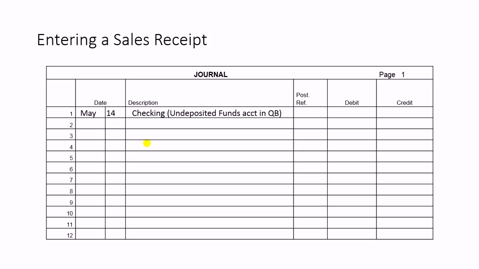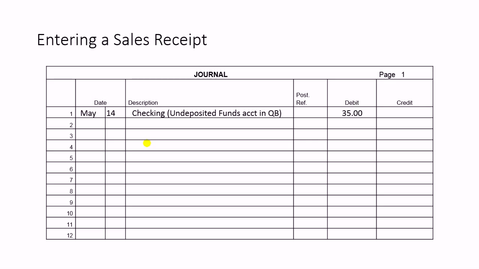Now in QuickBooks, this is something to note, there is an account called undeposited funds, and money received from sales goes into this account before going into the checking account, which you'll see in a later video about deposits. But for journalizing purposes, we will journalize to cash or checking.